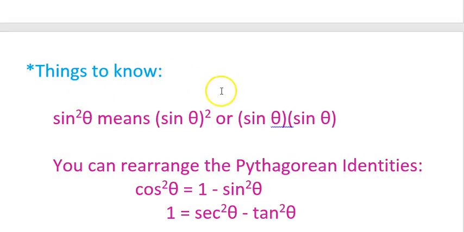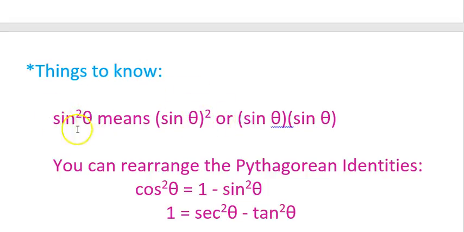When you're using those Pythagorean identities, you need to understand what's going on. The sine squared or cosine squared or secant squared, whatever is in the formula, when they put the square between the trig function and the variable, it truly means that whole thing is squared, not just the theta. It's the whole thing squared.